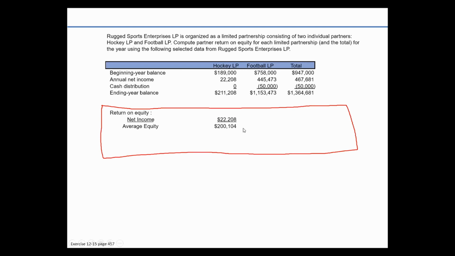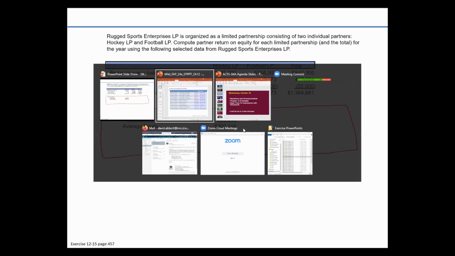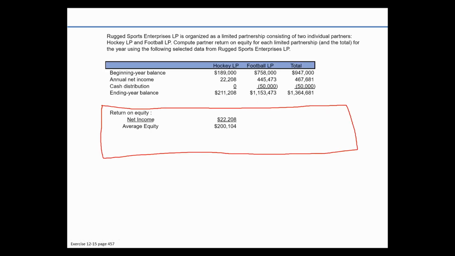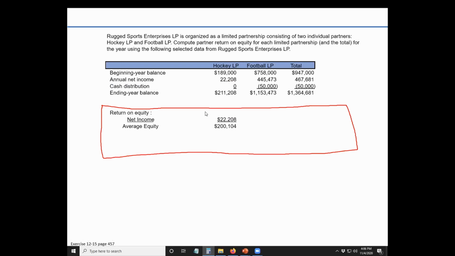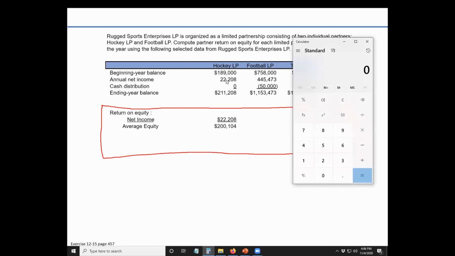$22,208. Now to calculate the average equity, we're going to take the beginning equity for Hockey LP, which is $189,000, and add the ending equity, which is $211,208. That gets you $400,208.